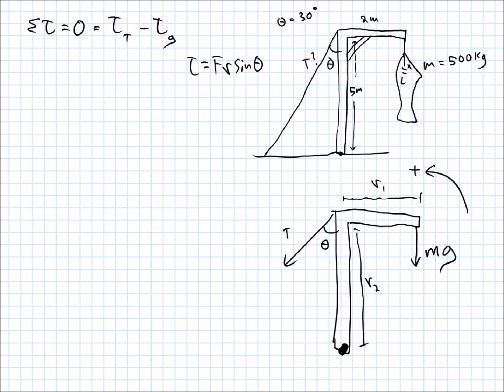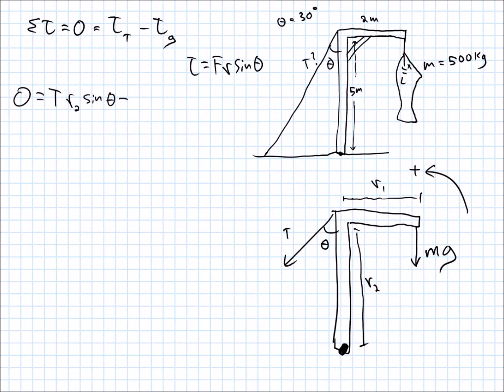So just filling in here, 0 equals the torque due to the tension, well, that will be the force of tension itself times the distance from where the tension is acting to the pivot point, which I called R2, and we know that, times the sine of the angle between tension and R2. So the angle between tension and R2 is this theta, 30 degrees. Okay, now that's going to be minus the torque due to gravity.